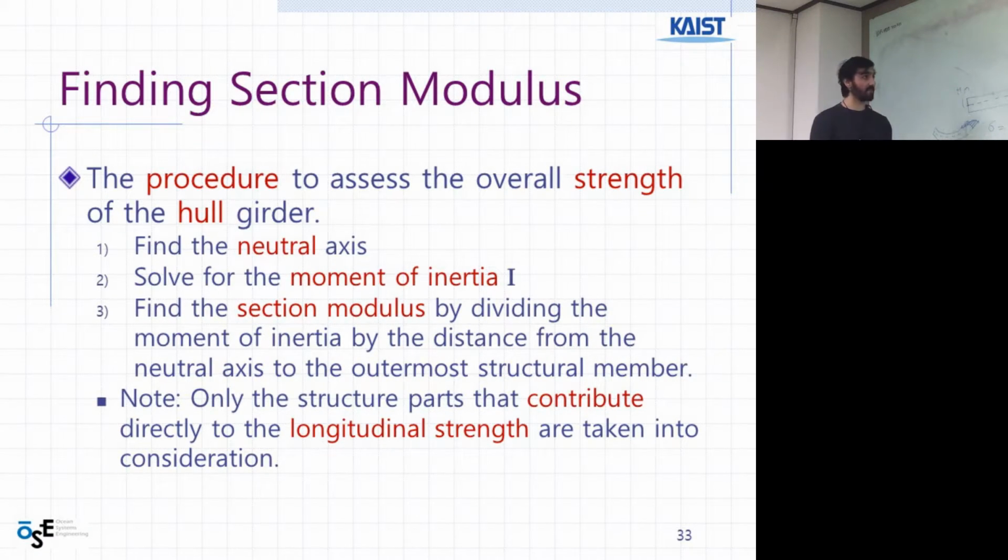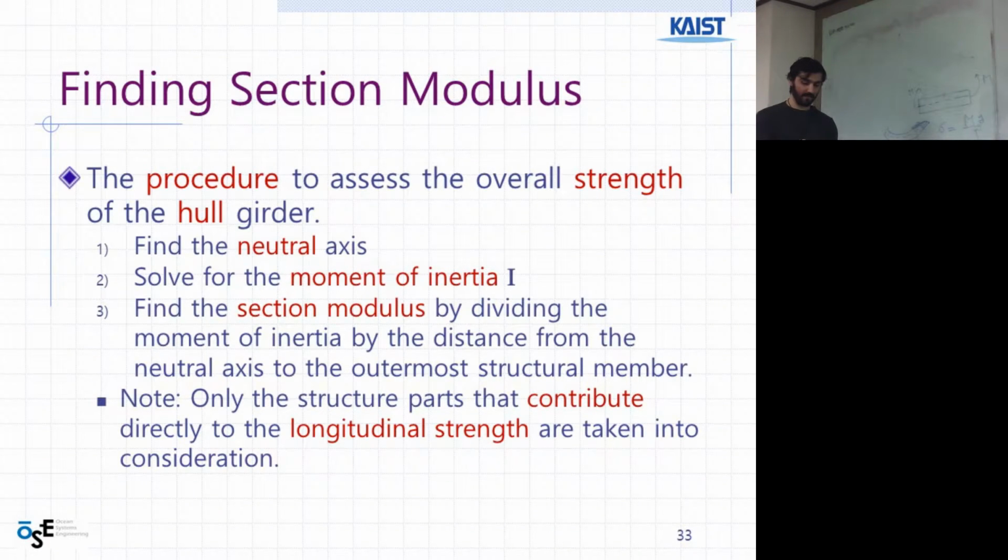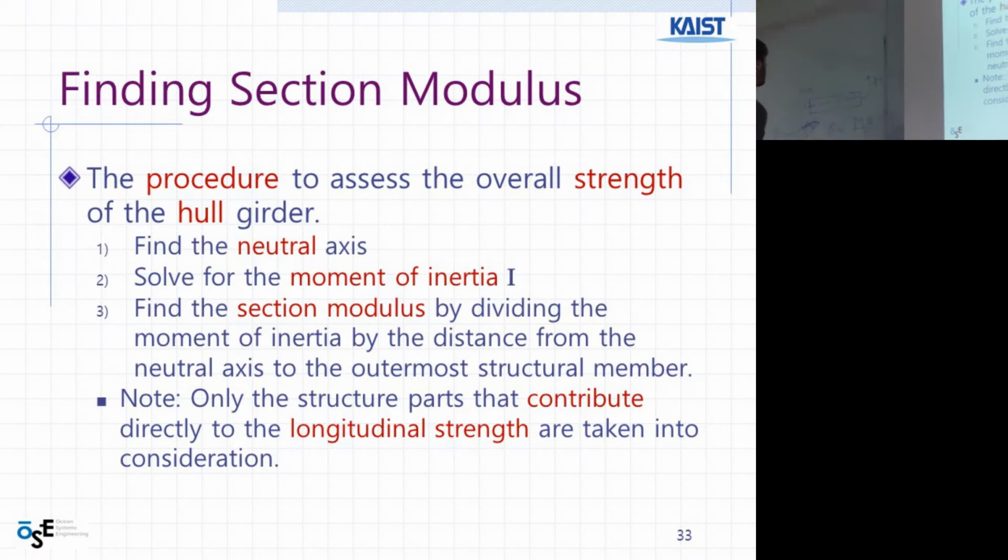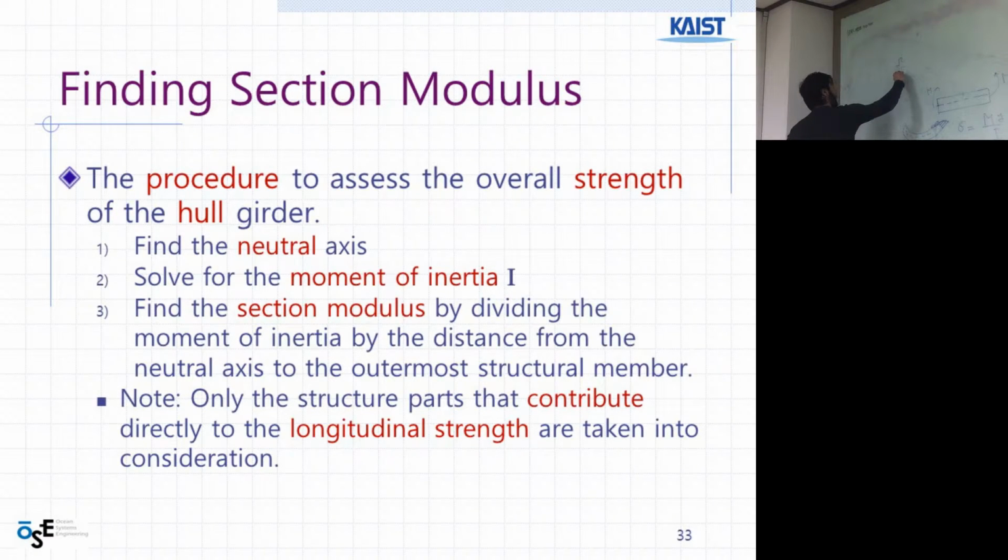The Euler-Bernoulli equation describes the relationship between the deflection in the vertical dimension and the applied loading. So it is like this, the Euler-Bernoulli equation.